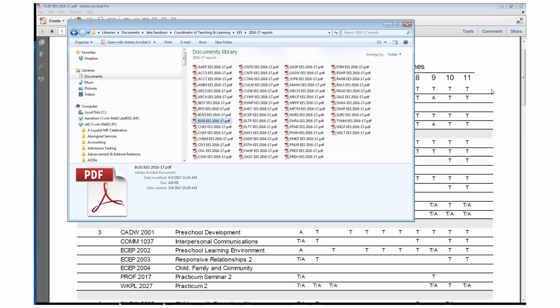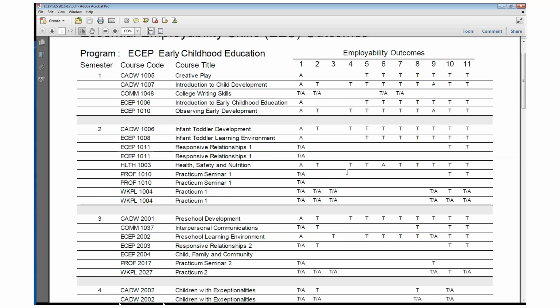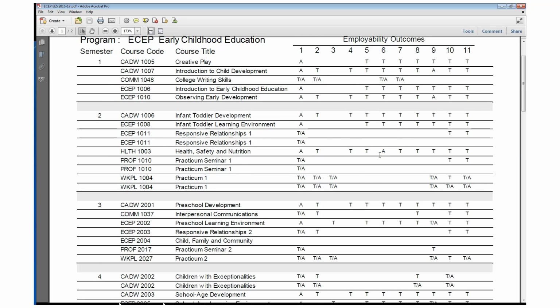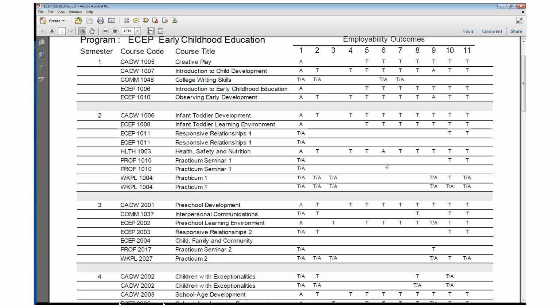If we look at some other programs, this, for example, is an opportunity where there's a lot of emphasis placed on teaching. So in this case, it may be more of the opposite extreme.